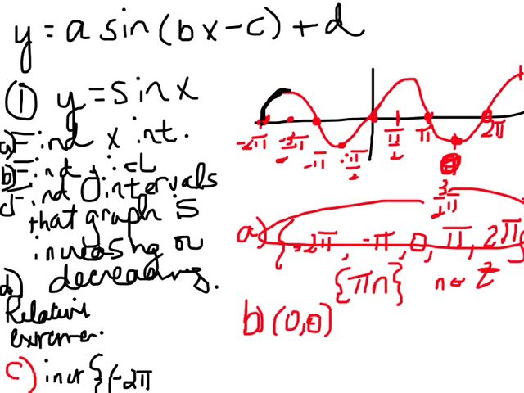If I make the bracket blocky like this, that means I'm including the value. At 0, right there on the x-axis, it's a point where it's changing direction, so I'm not going to include that point. So I'm going to say from negative 2 pi to negative 3/2 pi. I can write it that way, and that means between those two numbers it's increasing.